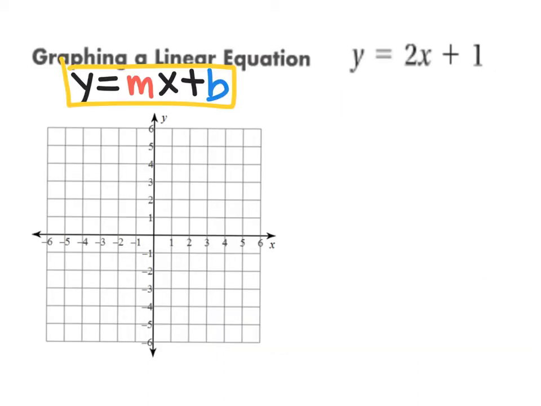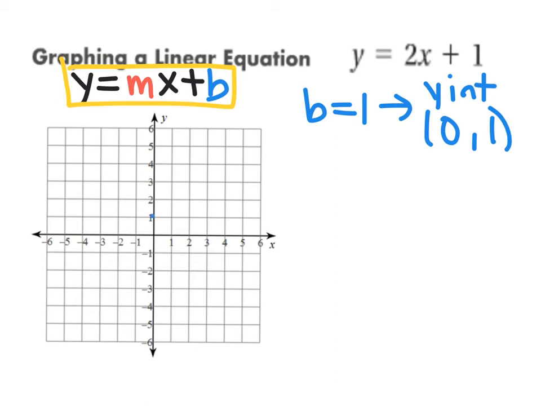So in order to graph this equation, y equals 2x plus 1, we have to first identify the y-intercept. So using our given equation, the b value is 1, indicating that the y-intercept is at (0, 1). So I can plot my first point there. Then I'm going to use the slope to move on the graph. So my slope value is positive 2, which I can rewrite as a fraction, so it's 2 over 1.